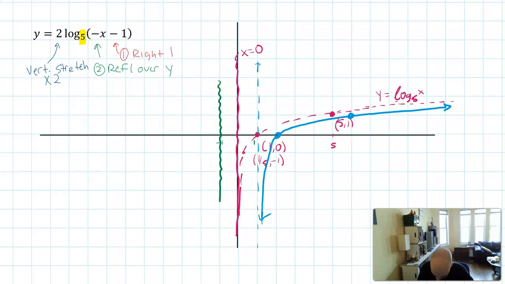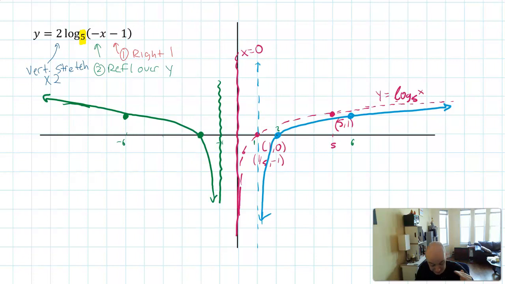That's our vertical asymptote. This point was at 2, so that's going to go to -2. This point was now at 6 after being transformed, so that's going to go to -6. So the reflection over y is going to put us into the third and second quadrants instead of the first and fourth quadrants.